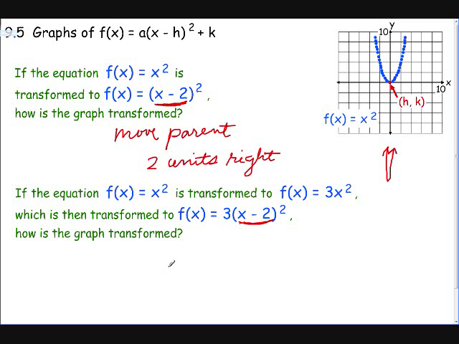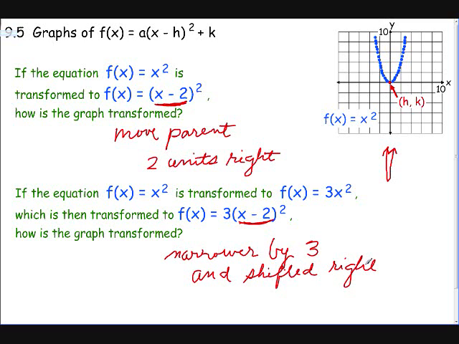How is the graph transformed? It's narrower by 3, and that's a multiplication of 3, and shifted right 2 units.